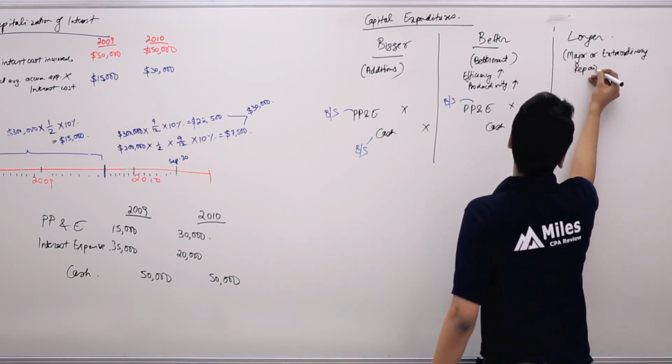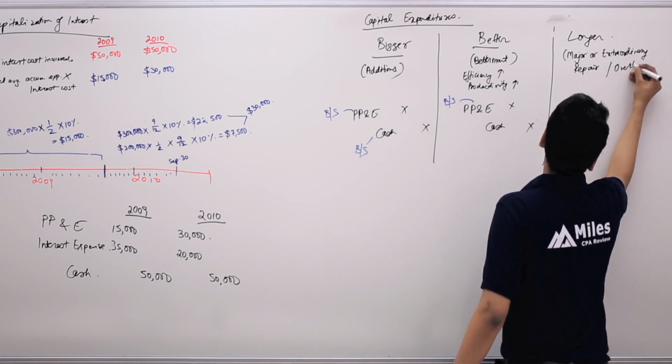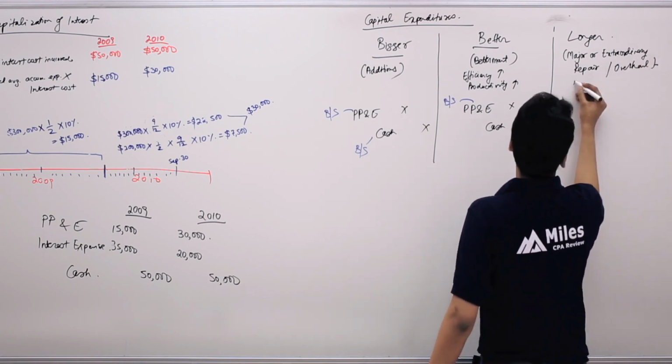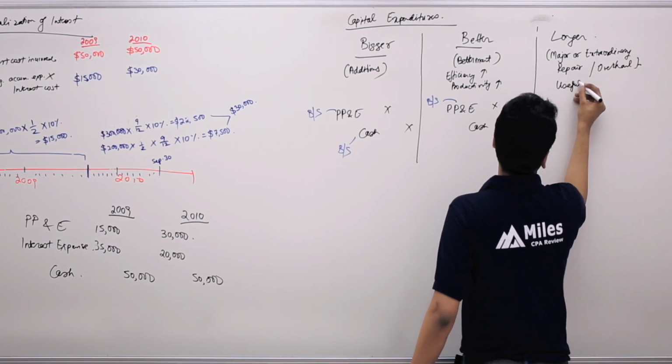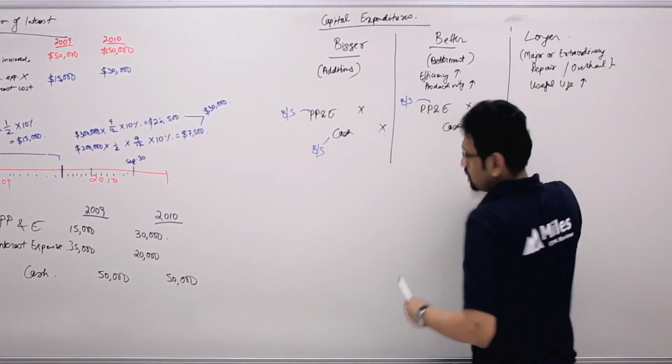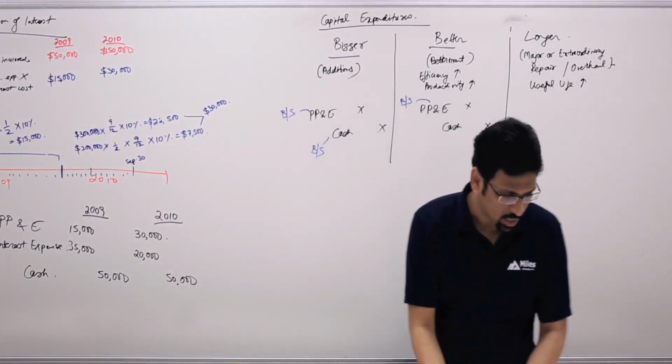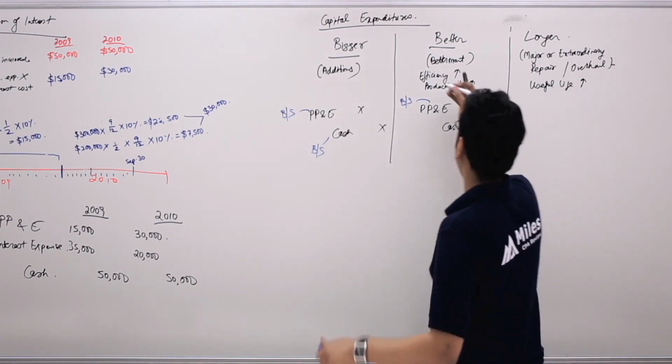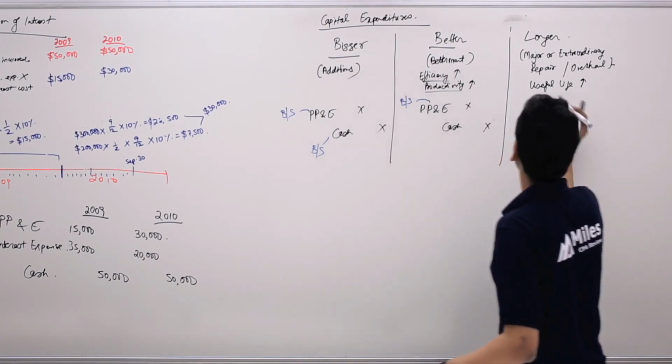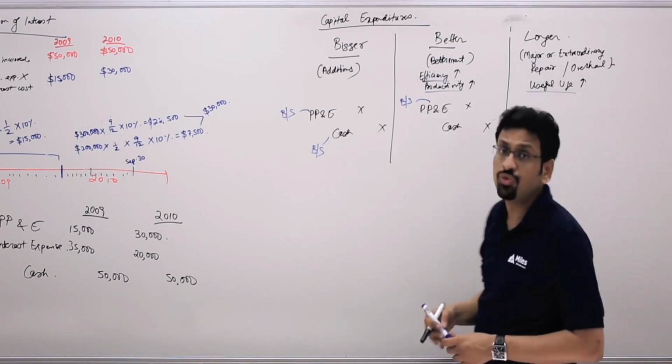It could be an overhaul which increases the useful life of the asset. So guys, here we were looking at increase in efficiency and productivity. Here we're looking at increase in useful life.